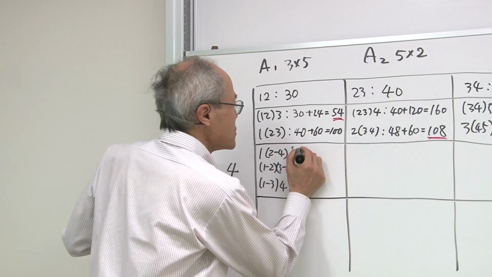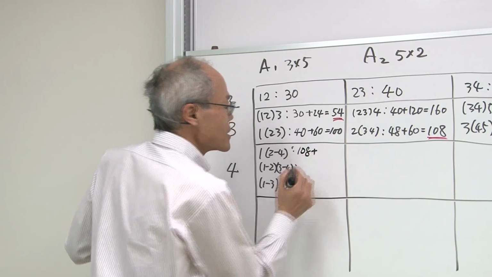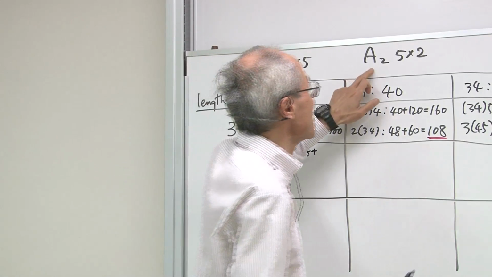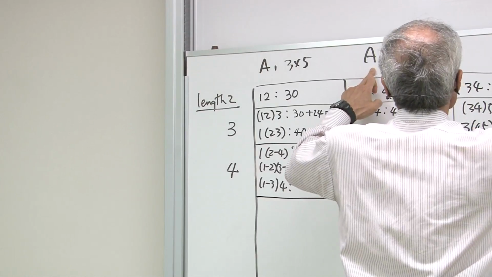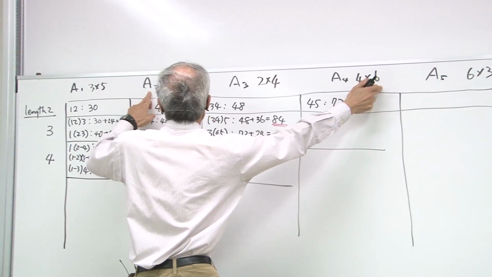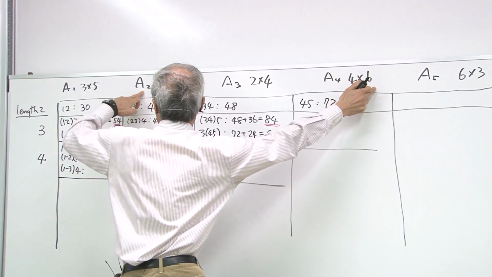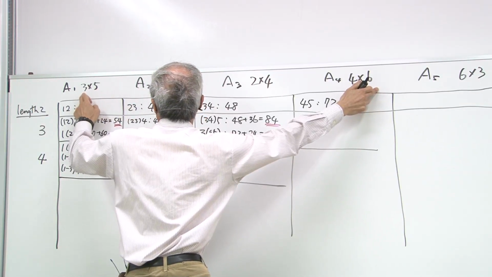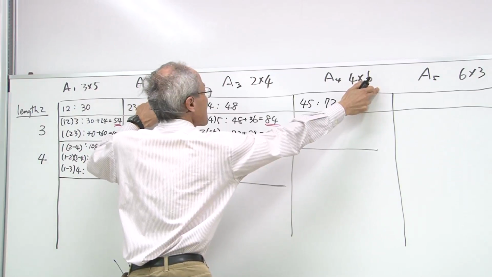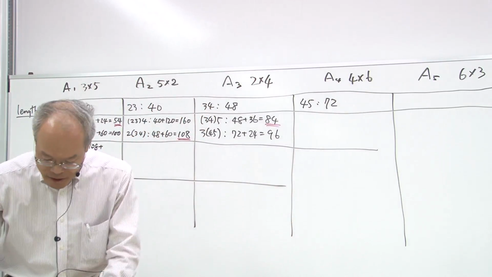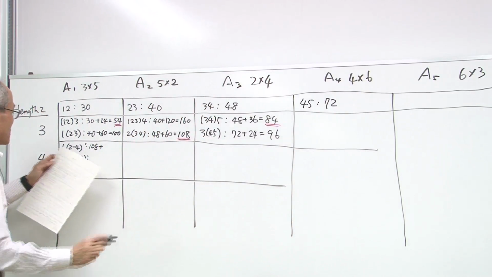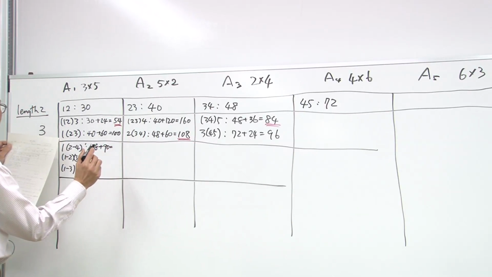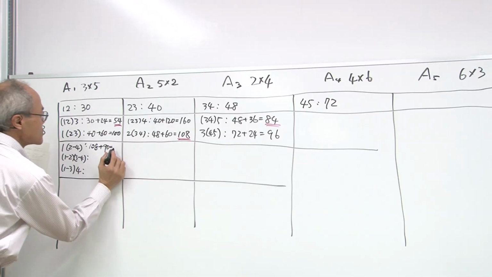So this is 108 plus what? If you multiply 2 to 4, then the resulting matrix is a 5 by 6. So in order to multiply A1, we have 3 times 5 times 6, which is equal to 90. That is equal to 198.